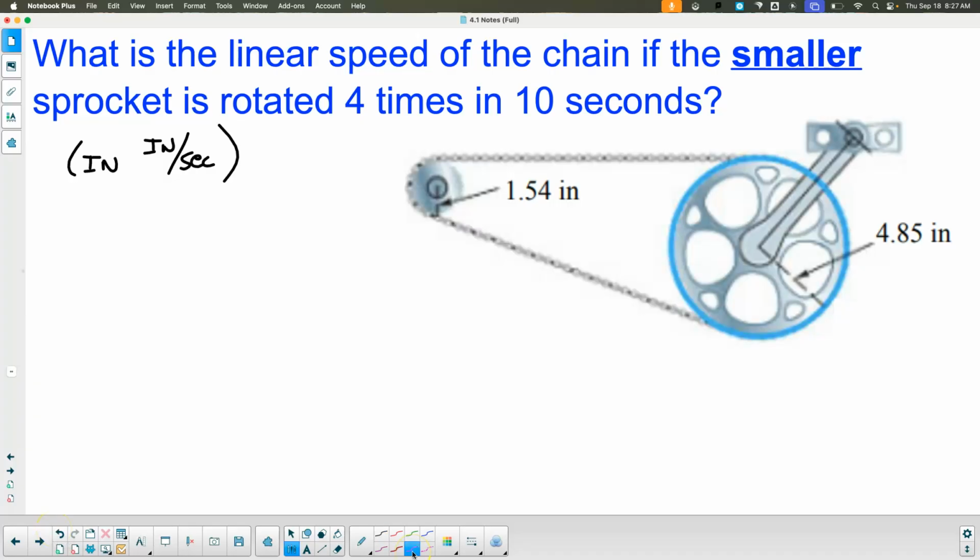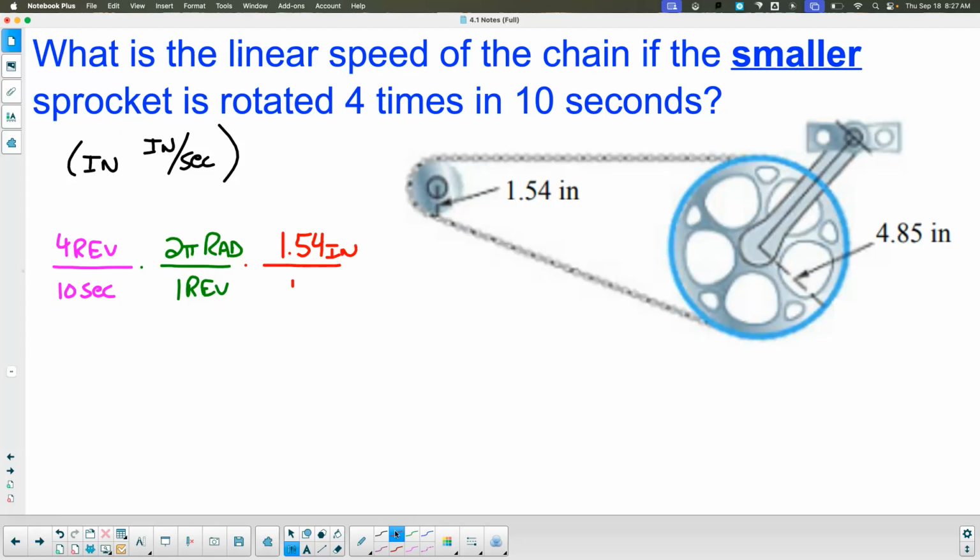So once again, we are rotating 4 revolutions in 10 seconds. Once again, 1 revolution is 2 pi radians. But now 1 radius is 1.54 inches.